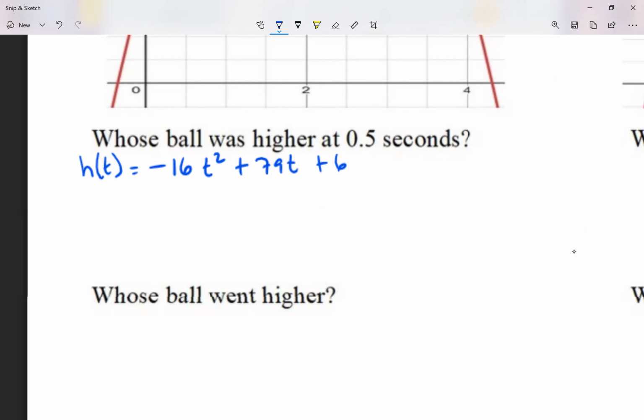So instead of t, let me erase this t and put the number 0.5 instead of t, and over here as well. So I have negative 16 times 0.5 squared plus 79 times 0.5 plus 6.